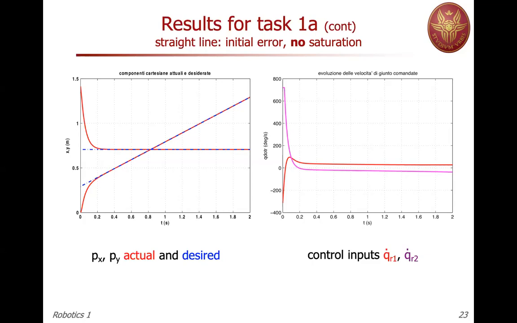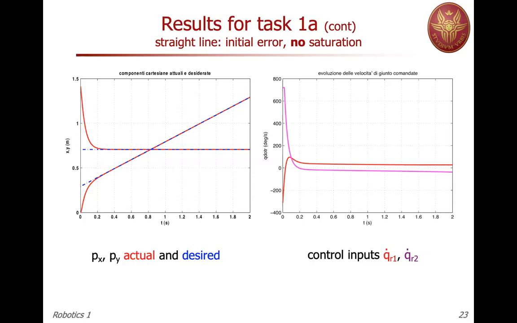And in red, the continuous line, are the actual components of the end effector, and you see quite clearly that the transient is exponential. You see the way in which the error goes to 0, especially on the horizontal part, you see a clear exponential, very fast. The time constant is 1 over 20, because 20 was the gain, and the same time constant is the one on the y error, although you have to rotate your head in order to see the exponential going to 0.